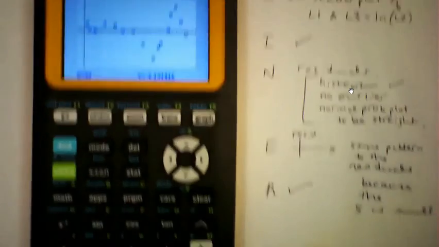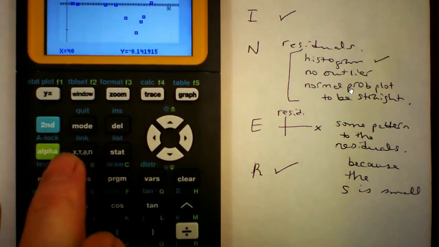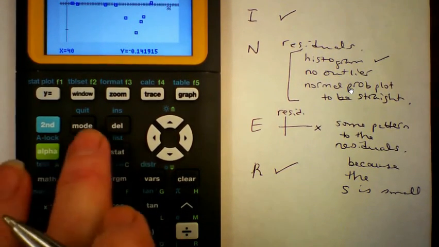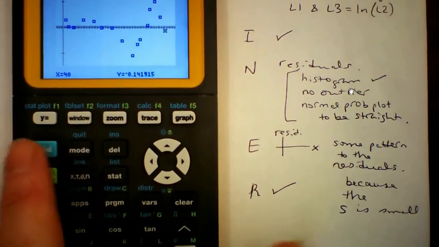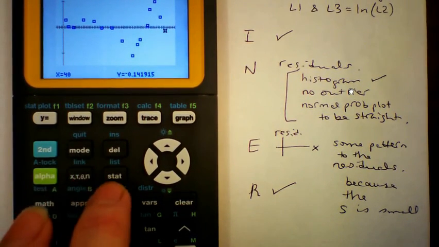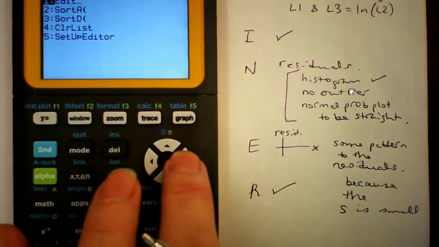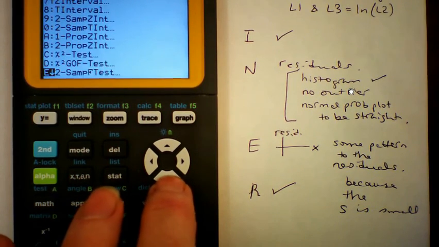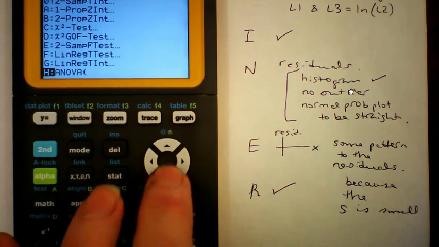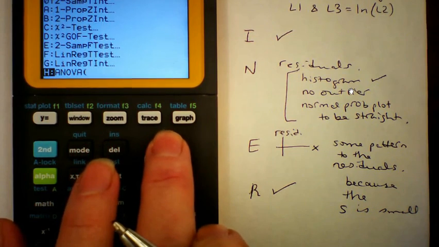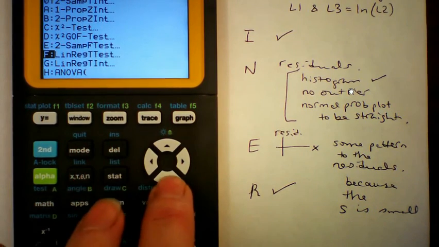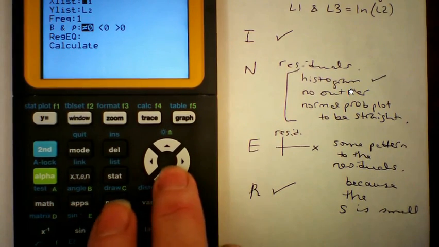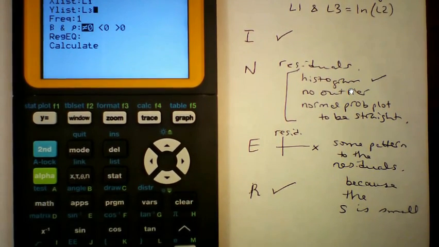well, what is the S? I guess probably the fastest way to find the S would be to just run a test on it. Let's go 2nd, oops, sorry, STAT, TESTS, and just run down to where, how do we get those? Go down to these tests that we did in 12.1, the LinRegTTest, the LinRegTInterval, but I'll do the test, and I'm going to do this with the L3 list.